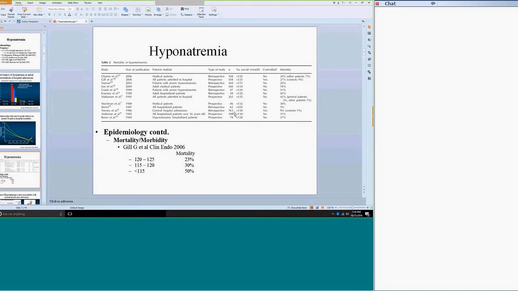And this is the cut-off criteria. One of these papers, from Gill in Edinburgh, showed that depending on the degree of hyponatremia, in-hospital mortality at less than 115 will be at 50%.